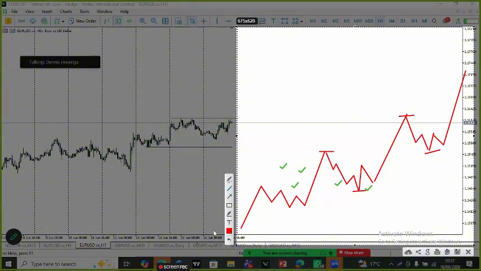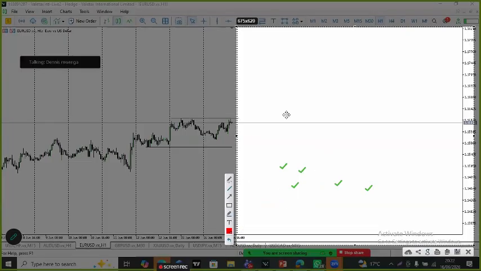In the real market scenario, we don't have those clean moves, staircase kind of formation or movement. That's not what happens.